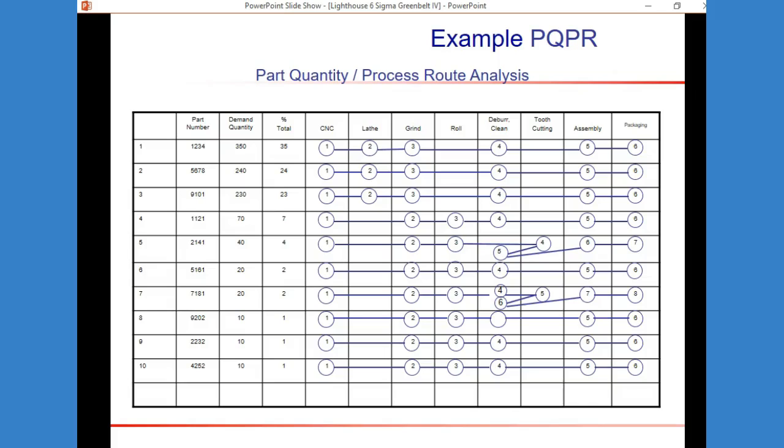If it became a higher percentage of my business than that 35%, maybe it's time for me to redo this cell a little bit and squeeze a new piece of equipment in between and just skip it from time to time. So this just kind of gives you an idea of what's my volume on my processes, where are my strains at, and where do I lay out my equipment so that, for the most part, I get the best flow possible running through the building.